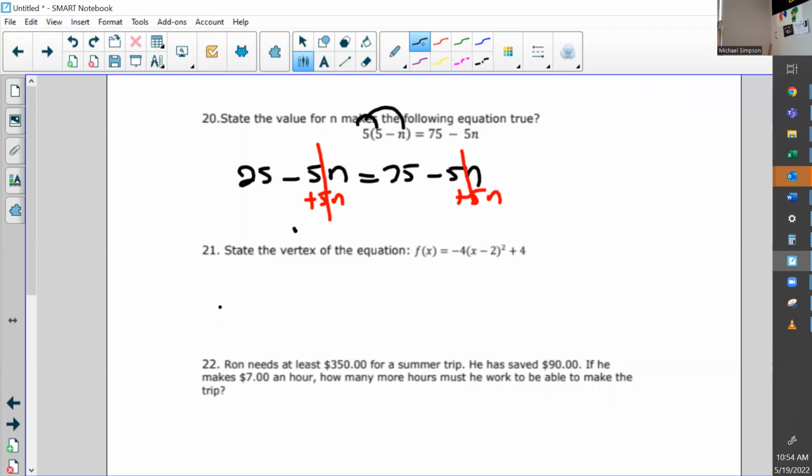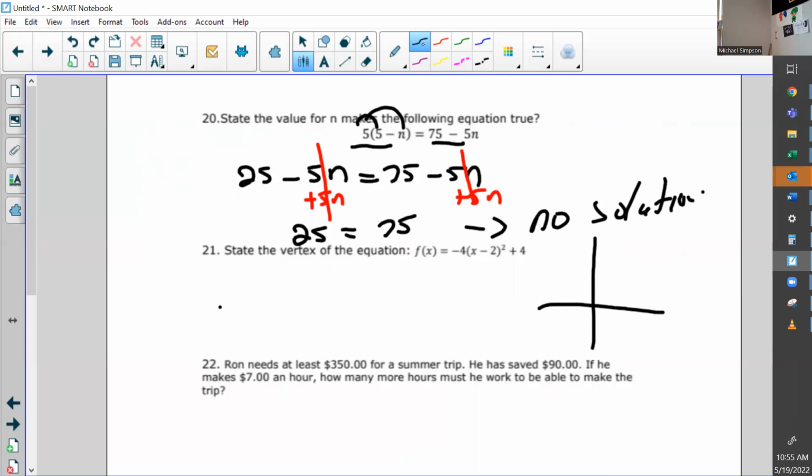So now I'm left with 25 is equal to 75. Remember the one we had before, where the left side equals the right side? In this case, it does not equal each other. So this means there is no solution. What does that mean? It means that both lines are parallel. This is a line right here, that's a line. So we have two lines. They are parallel, so they have no solution. That's what it means. 25 equals 75.